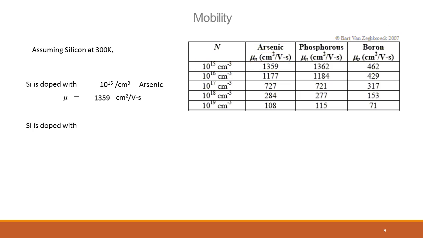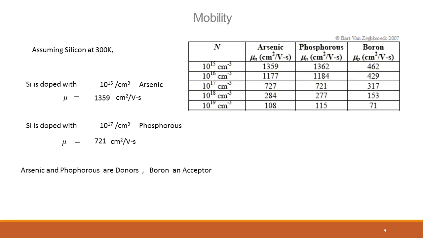Now let's say silicon is doped with, on the other hand, 10 power 17 phosphorus at 300 degree Kelvin. So since temperature is fixed in this case, the mobility is, that's correct, 721 centimeters square per volt second. Arsenic and phosphorus are donors, as we said, and boron is an acceptor. Right? And we can see that the mobility of electron is more than the mobility of all this.